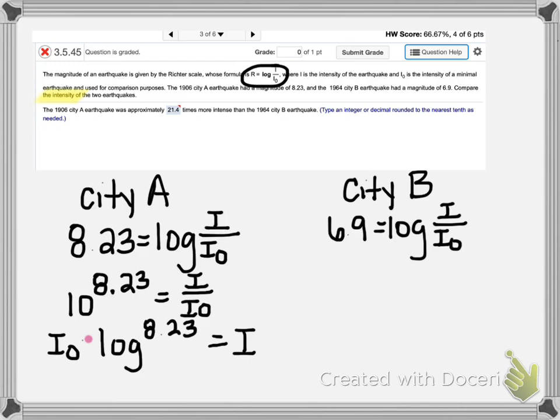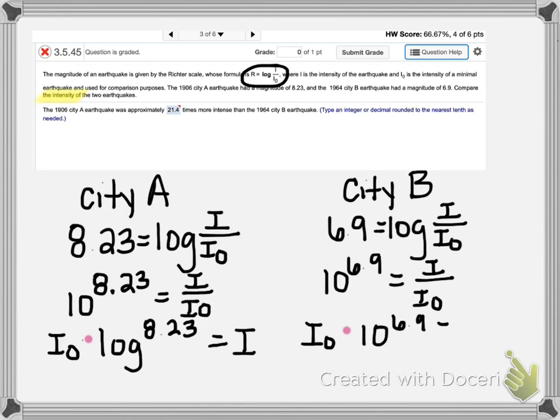And we're going to convert it: the common base of 10 raised to 6.9 equals I over I sub 0. Get I by itself by multiplying I sub 0 to the other side. Let me put that multiplication sign there. I sub 0 times 10 raised to 6.9.